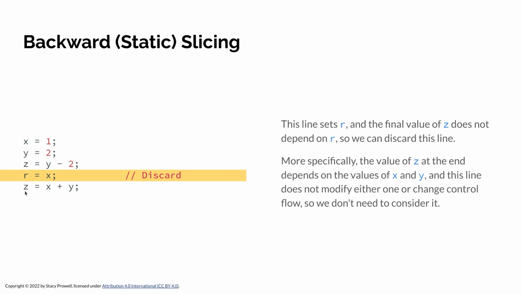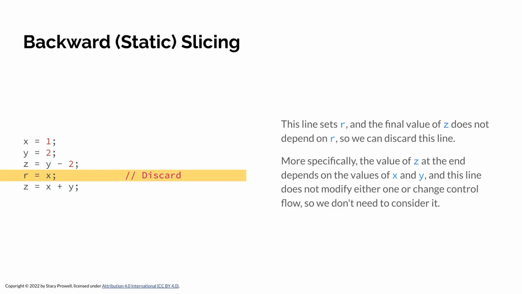But it's overwritten here, so it's not live here. So prior to this line, I actually don't care about z anymore. I want to know what it is at the end, and what it is at the end depends entirely on what's in x and y and not what's in z prior to this line. So prior to this line, I care about x and y.